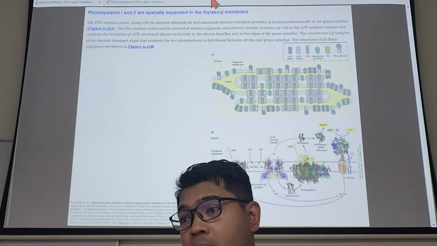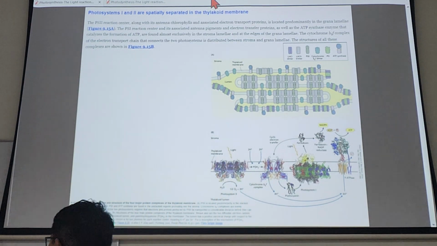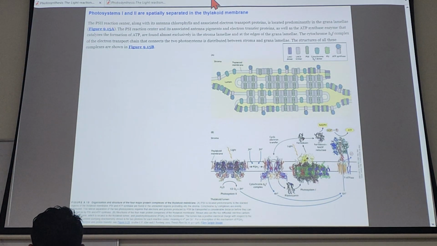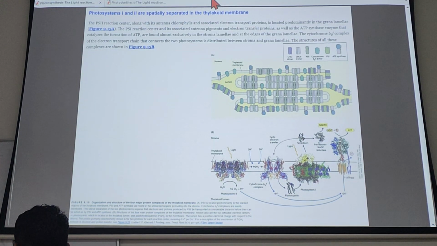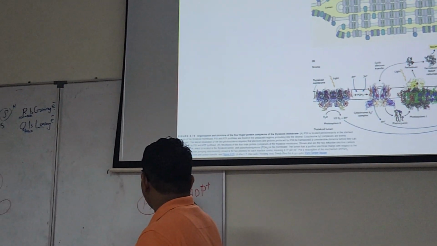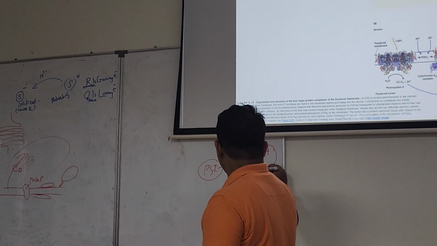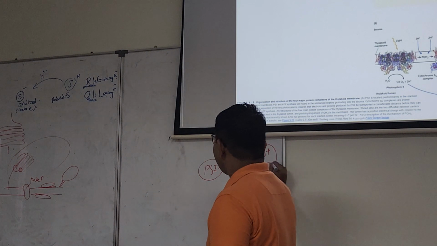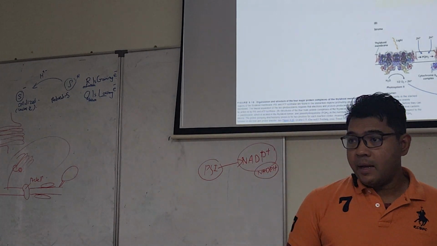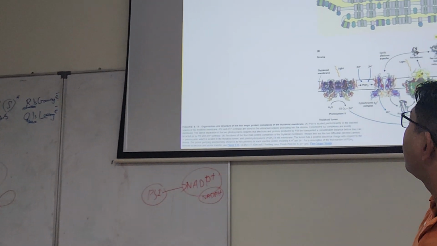This molecule, by the way, is called NADP plus. It needs to pass eventually to this thing. This thing will accept and becomes NADPH. This NADP plus is in the stroma.